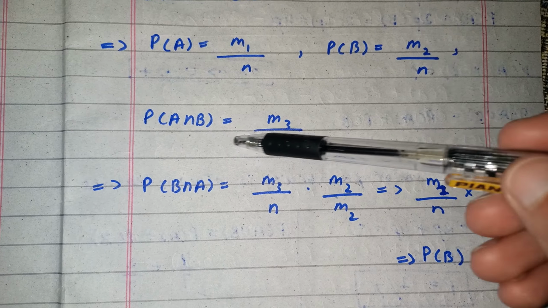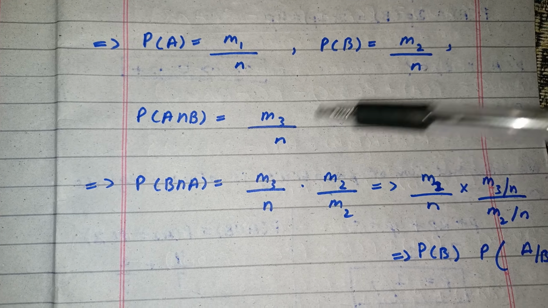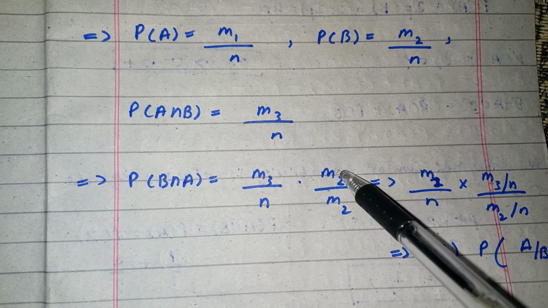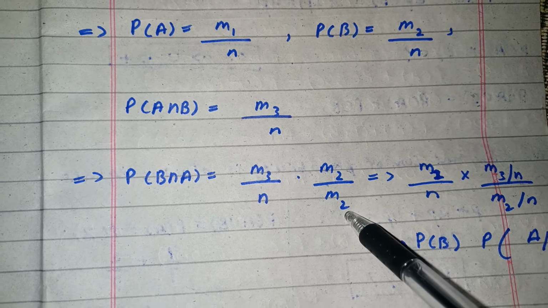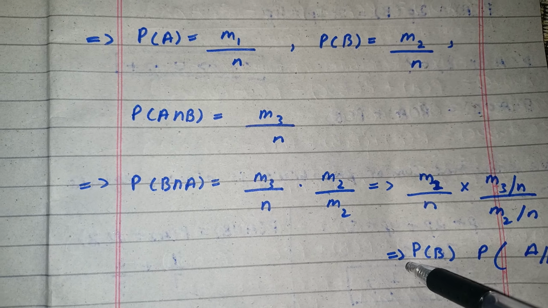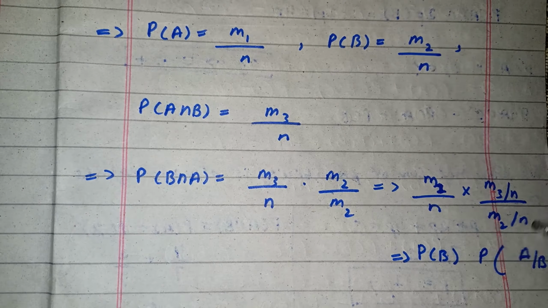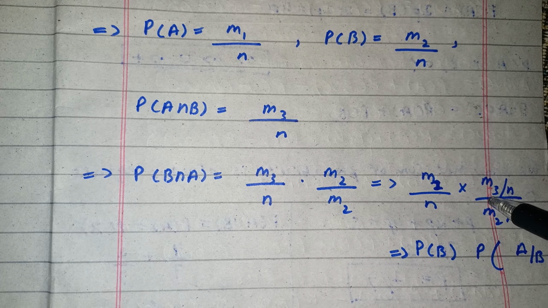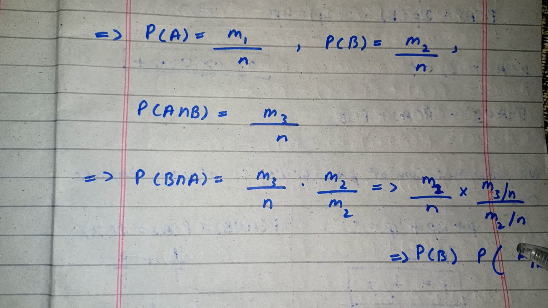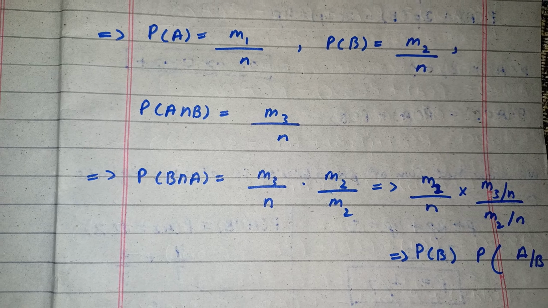As we know, probability of A intersection B is equal to M3 over N, and probability of B intersection A is equal to M3 over N. Since we have no other option, we multiply by M2. M2 over N will be probability of B, and then we are left with M3 over M2, which we multiply by N. M3 over N will be probability of A intersection B, and M2 over N will be probability of B. That's how you get it.